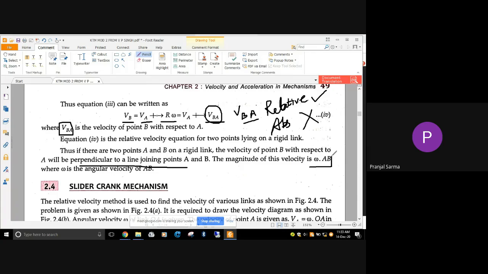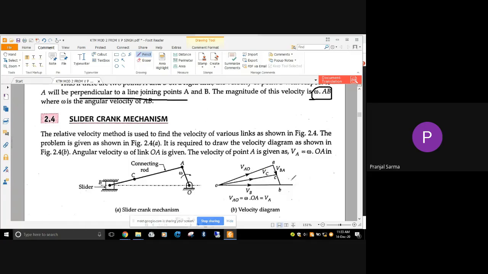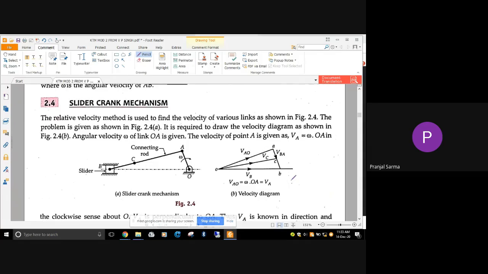So omega times AB gives the velocity magnitude, and the direction is perpendicular to the rigid line. This concept we are now going to use for drawing the velocity diagram for the slider crank mechanism, a simple mechanism that we already know, yet very powerful and useful.